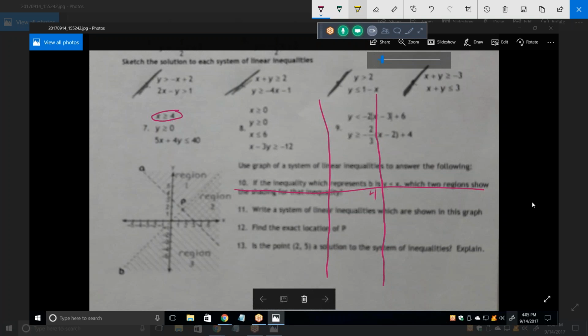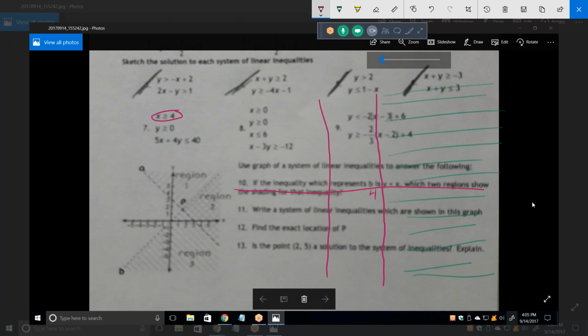The right. I'm going to shade that right side in green. This is the one time where you don't look to the y-axis because there's no y in that equation.